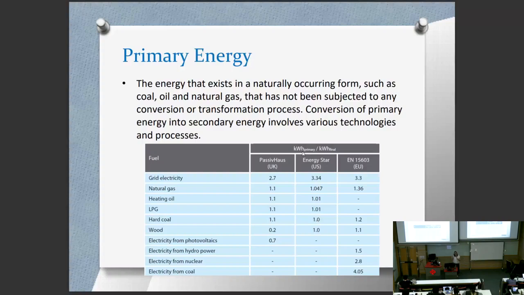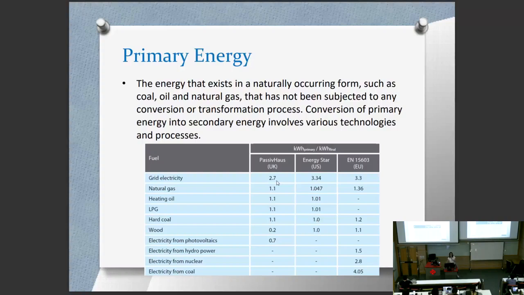This value depends on the fuel mix of the power plant, whether they burn coal, oil or natural gas, what the proportions are, what the efficiency of the power plant is, and other factors.